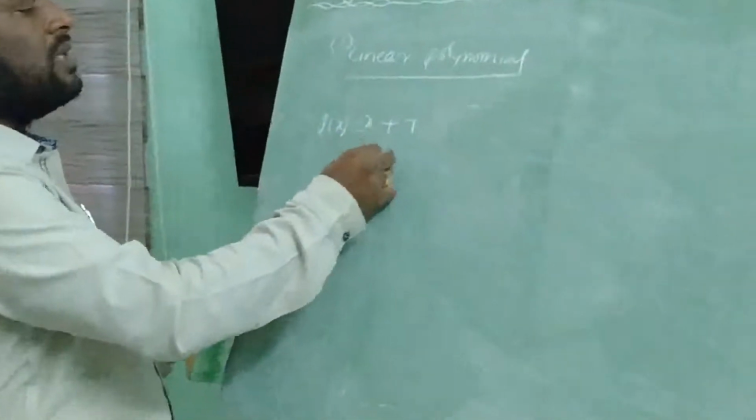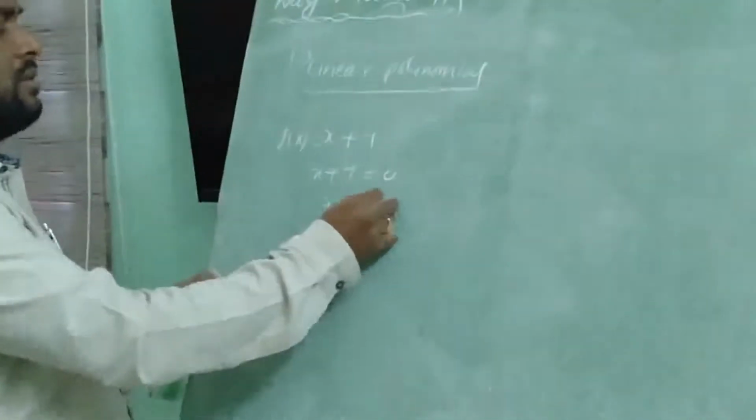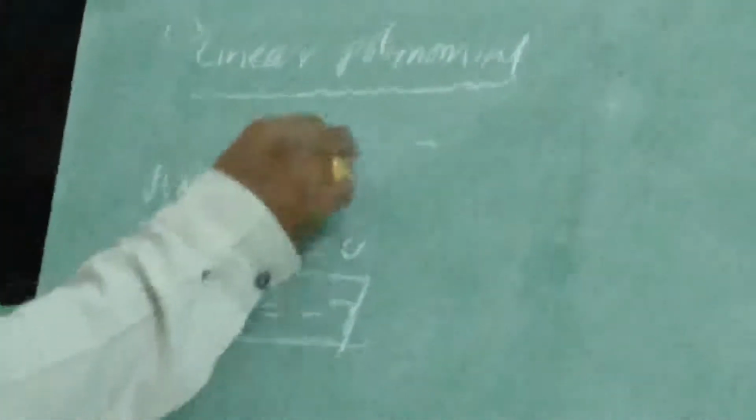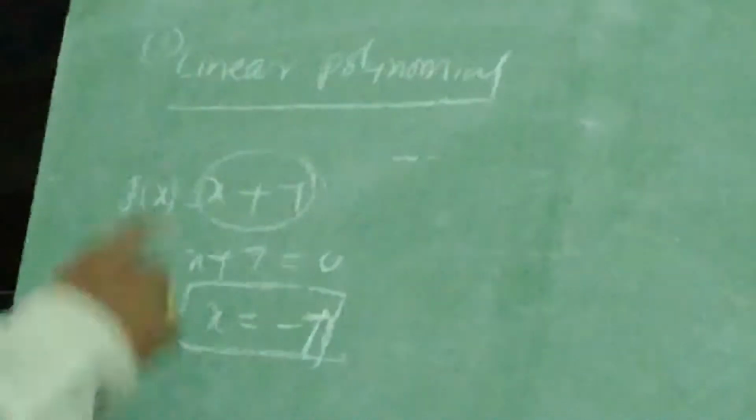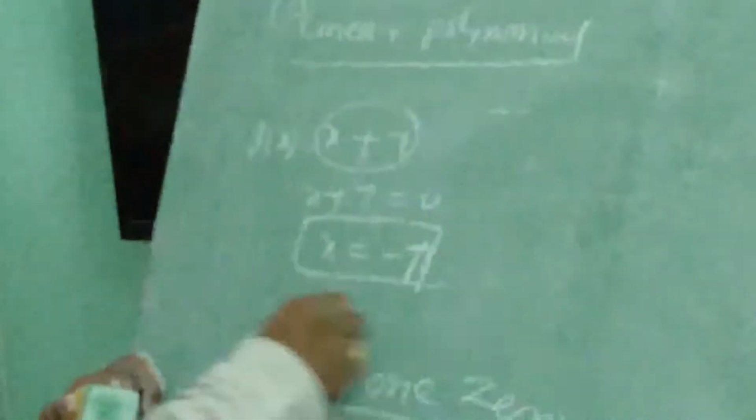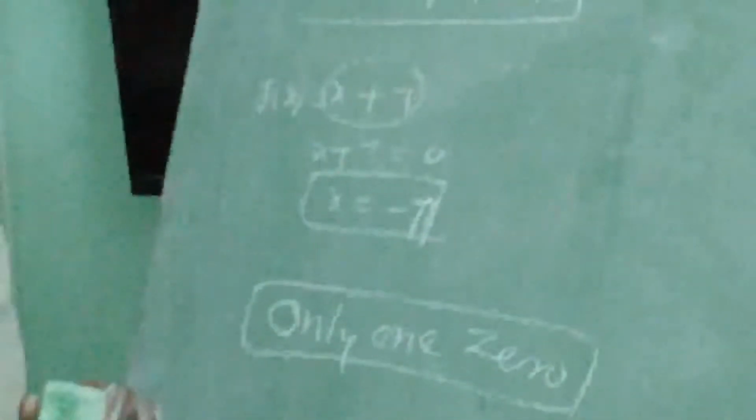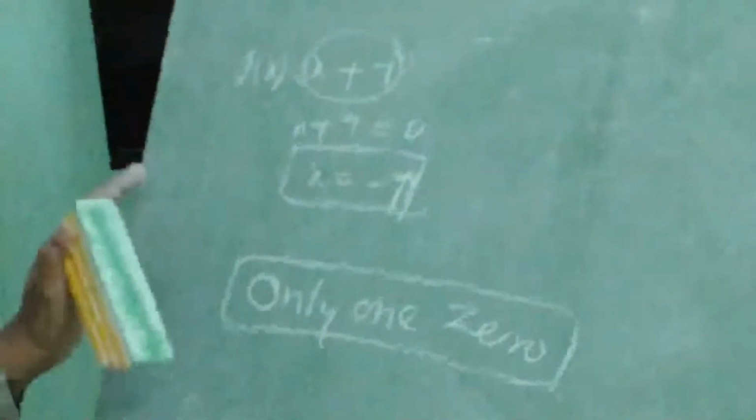What is it? x plus 7 is equal to 0, x is equal to minus 7. So the zero of x plus 7 is minus 7. A linear polynomial always has only one zero.